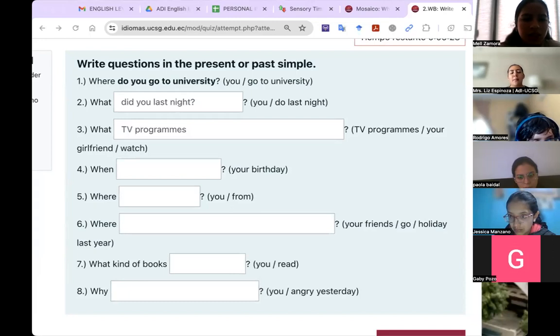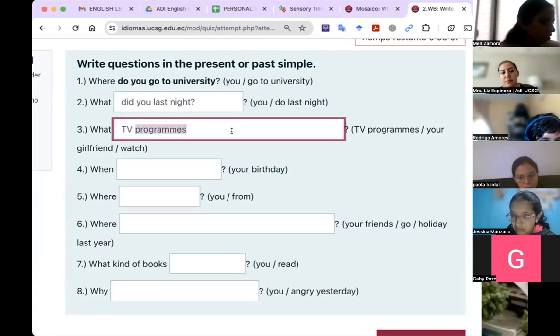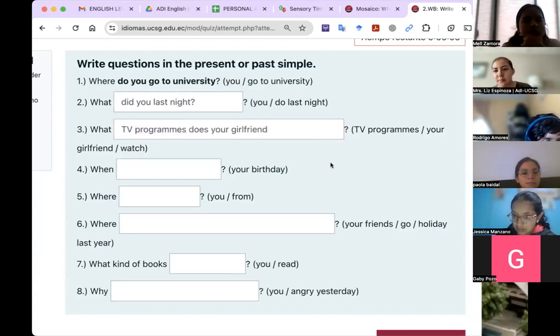If I have your girlfriend as the subject, that is third person, so it is in present. I cannot say do your girlfriend. I have to say does your girlfriend. Why does your girlfriend? Because your girlfriend represents she, right? And she is third person, right?